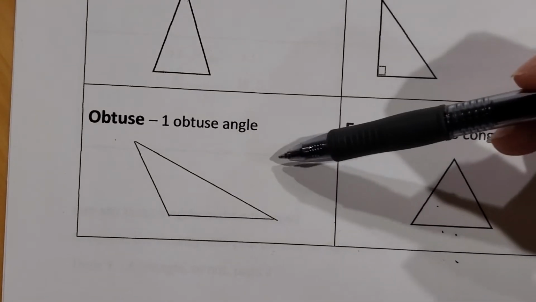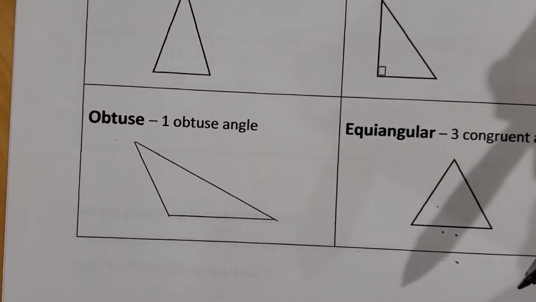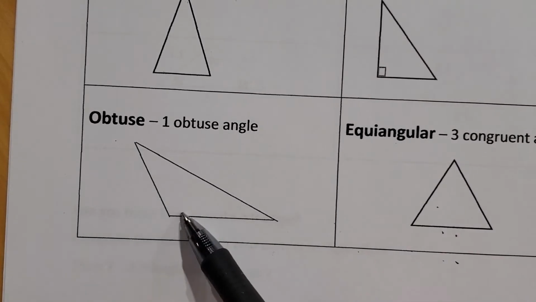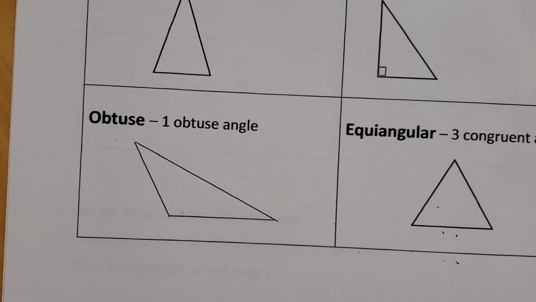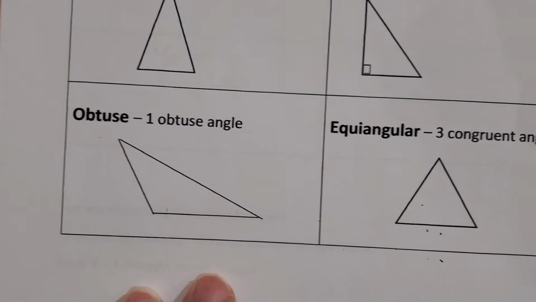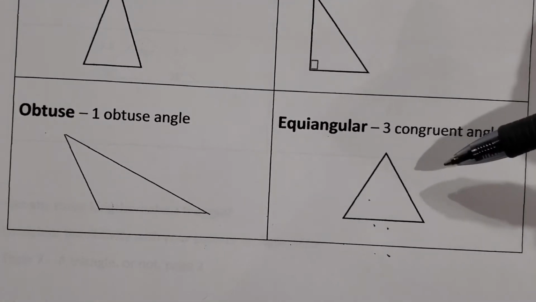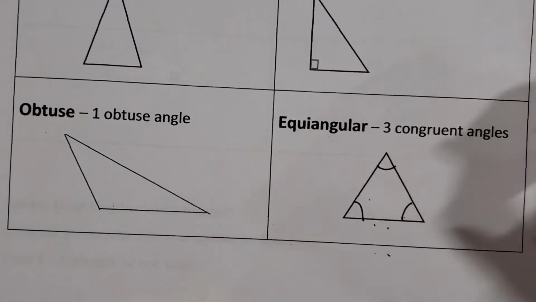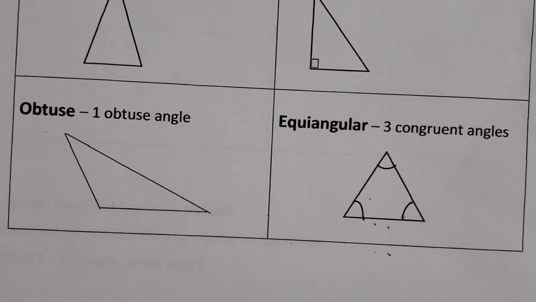If one of the angles is obtuse, remember obtuse means between 90 degrees and 180 degrees, so this angle right here is between 90 and 180, we call that an obtuse triangle. If all of the angles are congruent, as shown like that, we say that is an equiangular triangle.